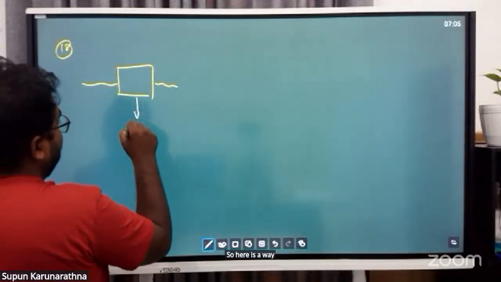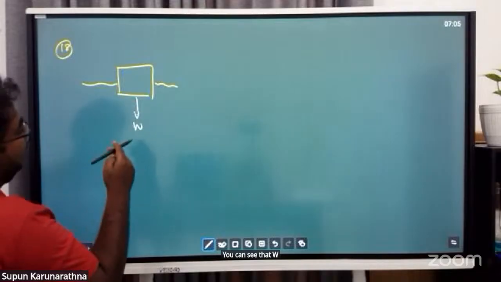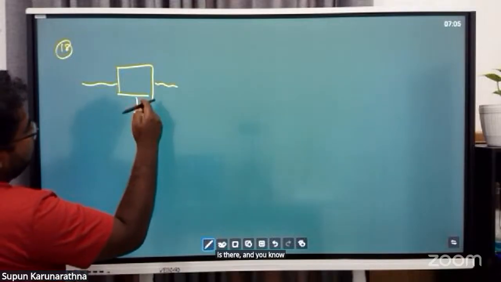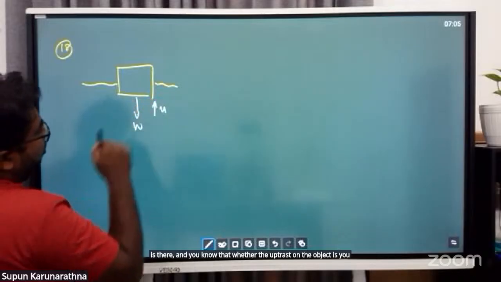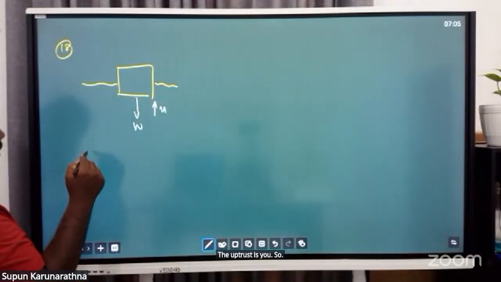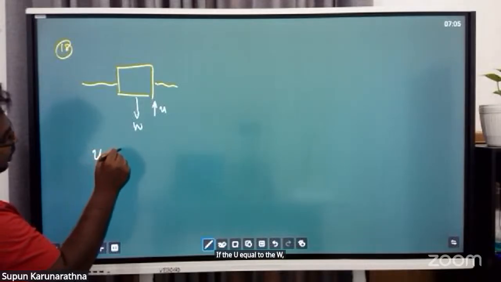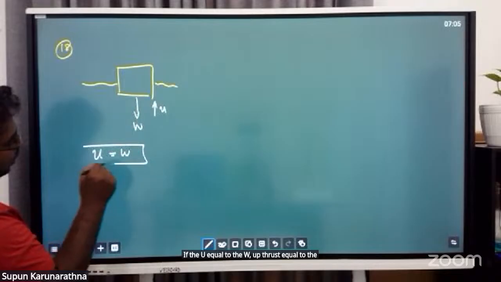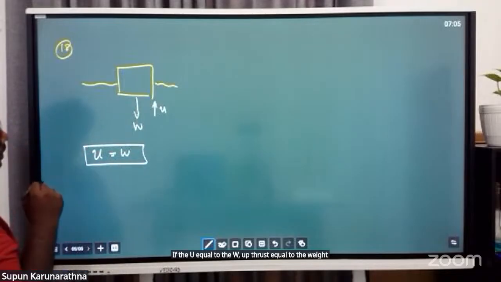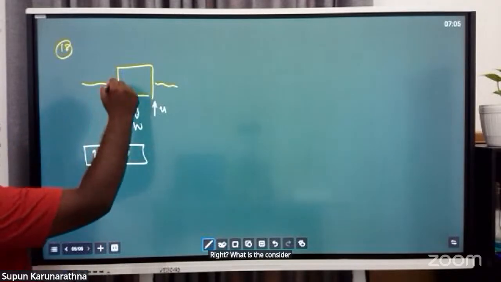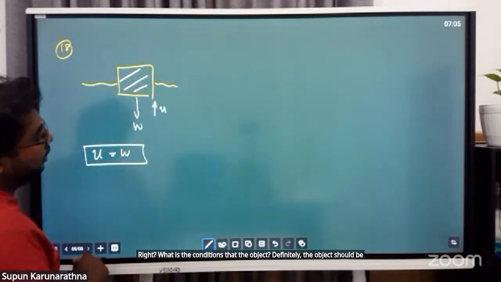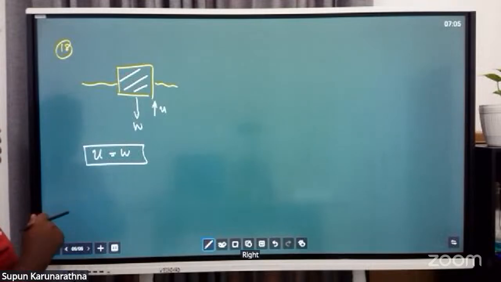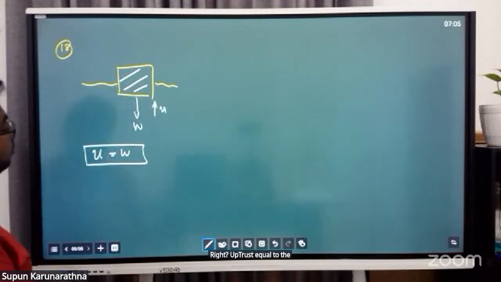You can see that W is there, and the upthrust exerted on the object is U. So if U is equal to W, the upthrust equals the weight, right? What is the condition for the object? Definitely the object should float on that liquid. Upthrust equal to the weight, the object should float.